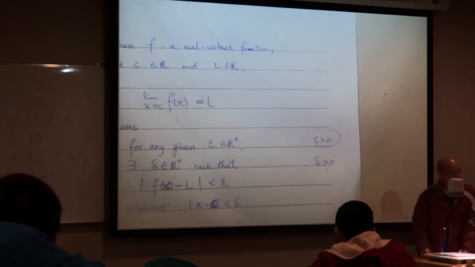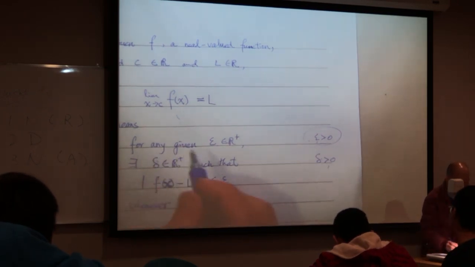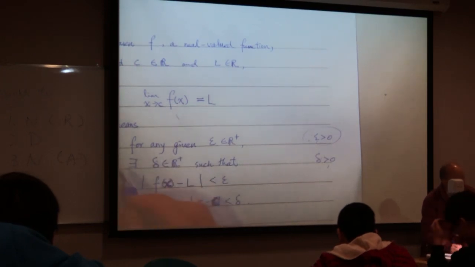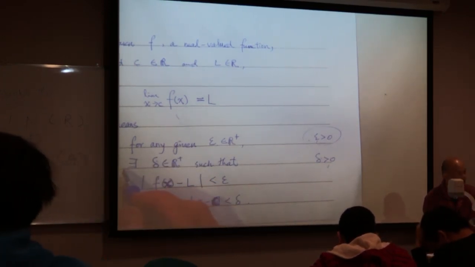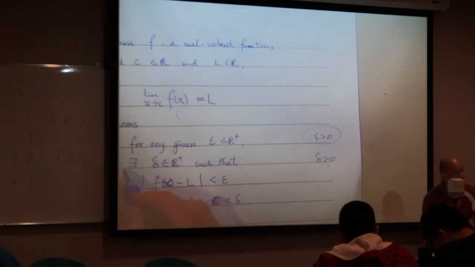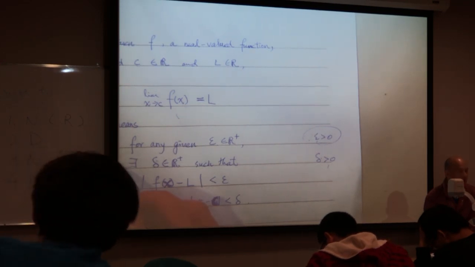Now this is the formal definition. In my memory it is: for any given epsilon greater than 0, there exists a delta greater than 0 such that the absolute value of f(x) minus L is smaller than epsilon whenever the absolute value of x minus c is smaller than delta.